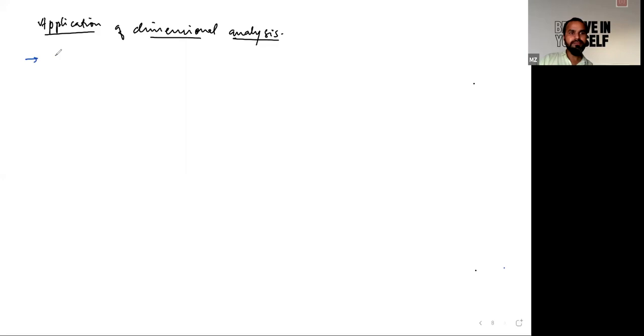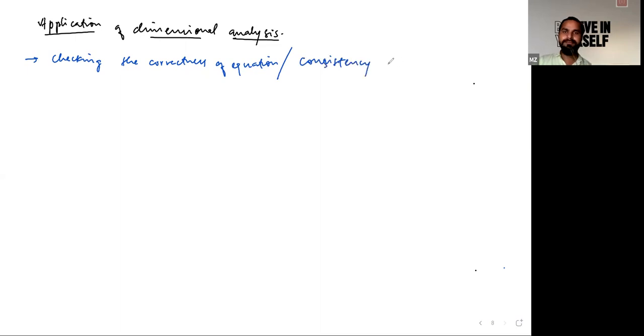First is checking the correctness of equation, or we may call it defining consistency of equation, for which you have to take the dimension formula of left hand side of the given formula, and similarly dimension formula of right hand side.